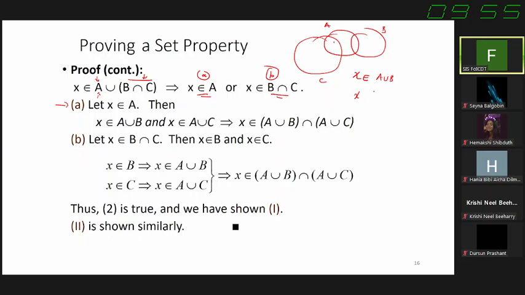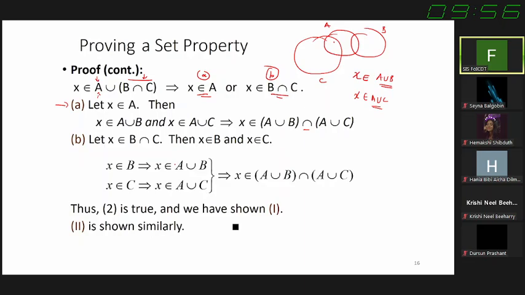So X will also be an element of A union C. Since X is an element of A union B and an element of A union C, that would be the intersection.